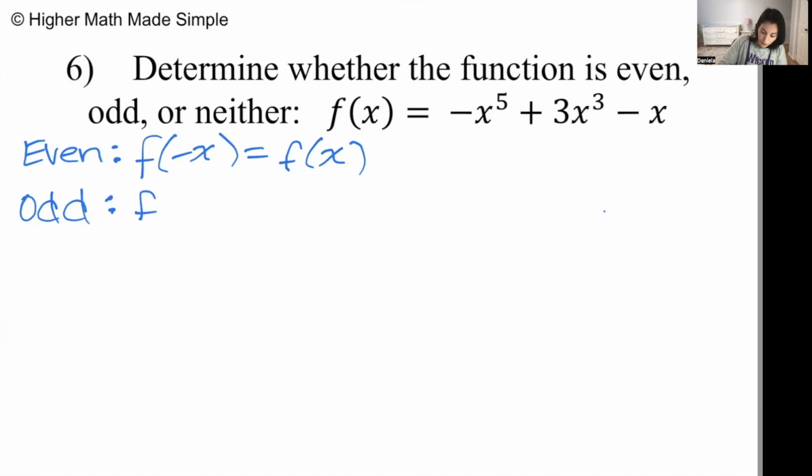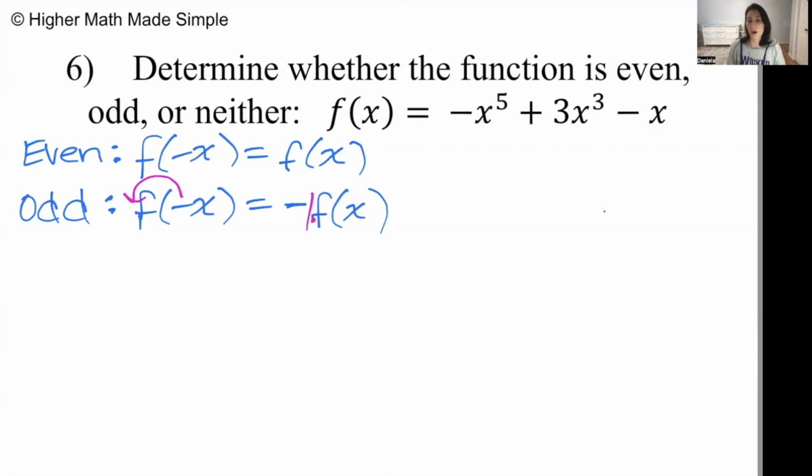For an odd function, it's the same first step. You still substitute negative x into the function. But an easy way to remember it: if the negative, quote unquote, comes out, then it's going to be an odd function. In other words, there's that imaginary negative 1 times there.